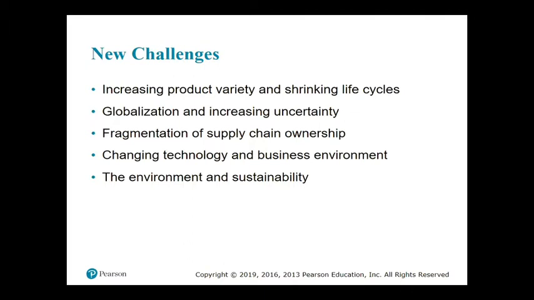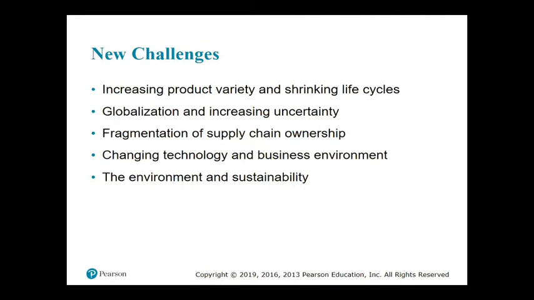And finally, we have these extra considerations: the environmental responsibility, sustainability, and social responsibility in the supply chain. Customers now care more and more about where the product is coming from, whether it's sustainable, whether it fits the labor law, and so on and so forth.